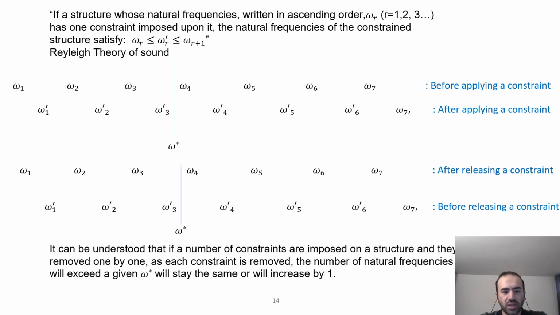The Wittrick-Williams method is a robust algorithm to find the natural frequencies of a system if we have access to its dynamic stiffness matrix. The method depends on Rayleigh's theory of sound, which says if a constraint is imposed on a structure, the number of its natural frequencies which are less than a certain threshold, let's call that omega star, will increase only by 1 or 0.